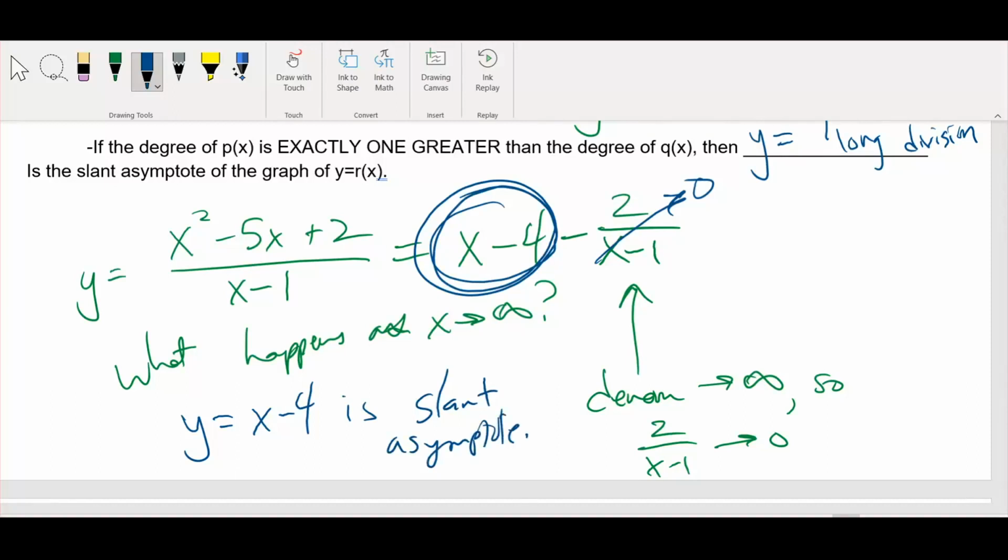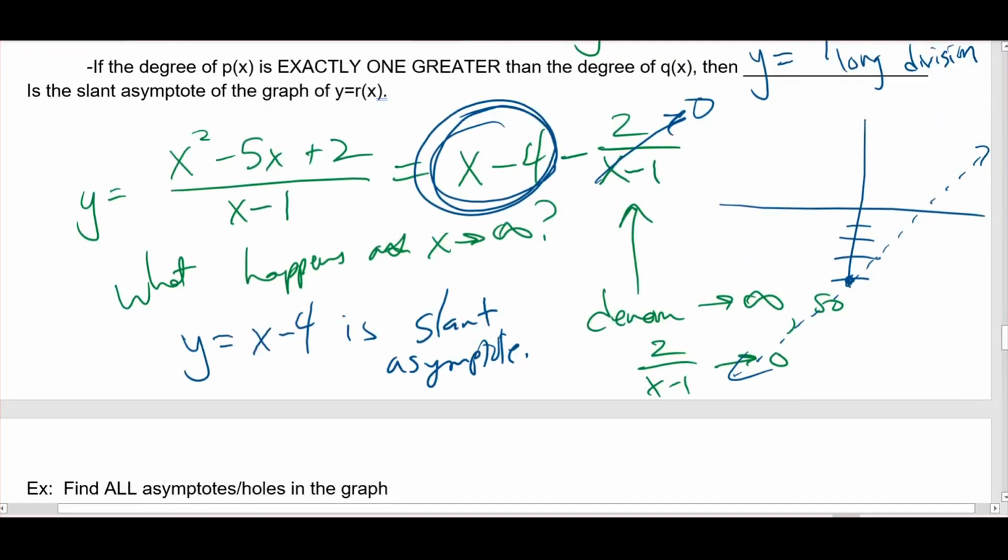So just thinking about what this picture is going to look like, we're going to have the line y equals x minus 4 as an asymptote. So our graph is going to approach that line as we approach infinity with our x values.